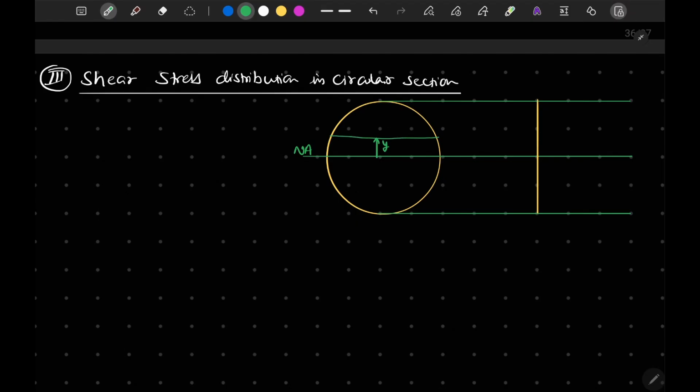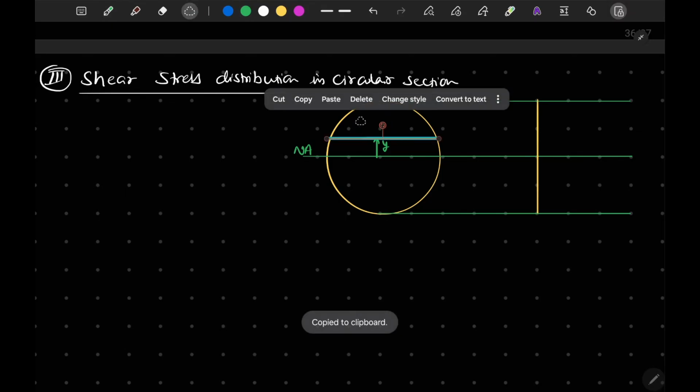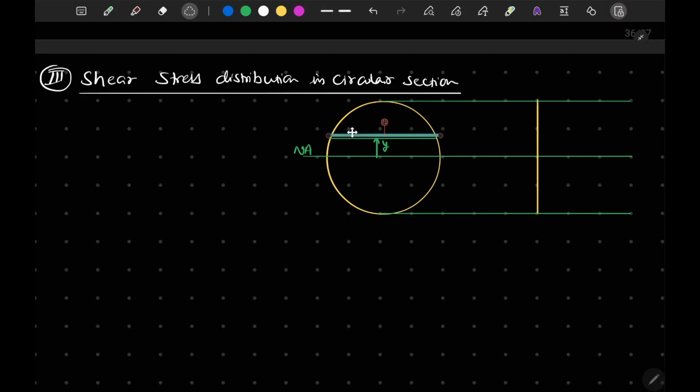Okay, and this element has, let me say, the size, okay. So this width of the strip is our dy.